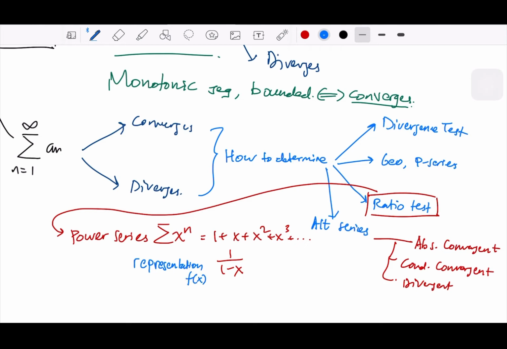Power series is 11.8, and this is 11.9, representation of functions. When we represent, we are doing it based on 1 over 1 minus x, and we reform the formula, forcing it to become 1 over 1 minus x.